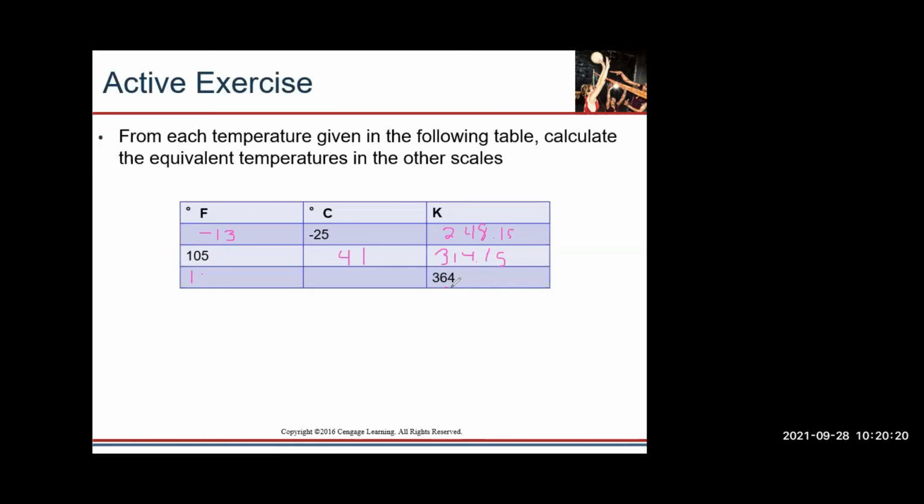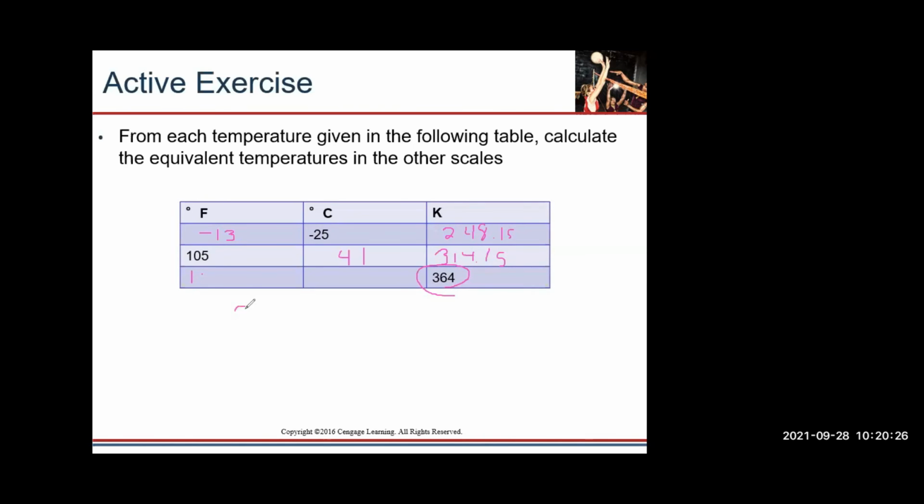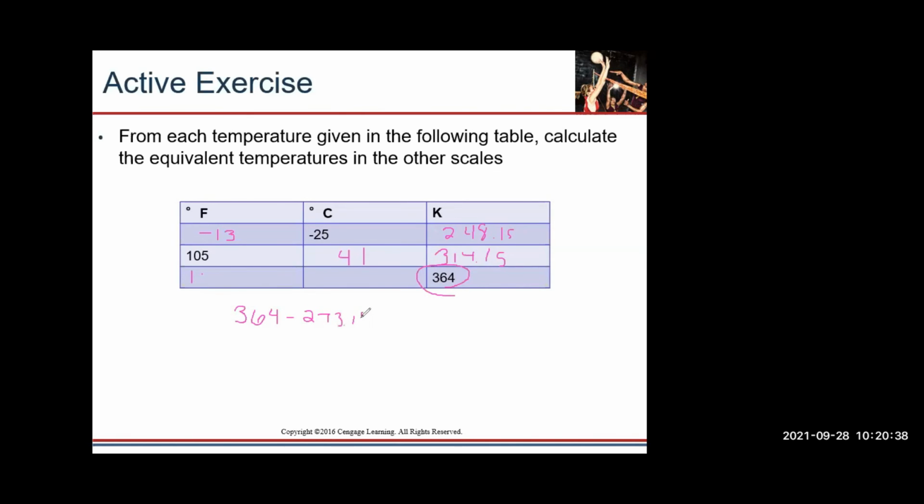Okay, so the first thing that we should probably do is change this to Celsius, right? So we change that to Celsius by subtracting. So 364 minus 273.15. 90.85 is the temp for Celsius then.